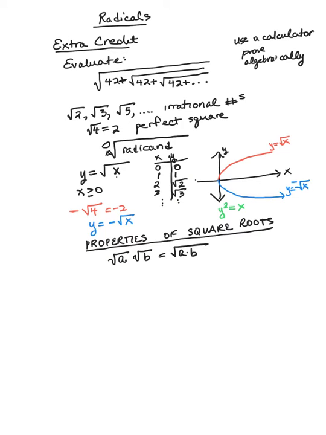And we use this rule to simplify square roots. The other rule that we may use is that the square root of a over the square root of b, where b is not equal to 0, can be written as the square root of a over b. So if we have a square root of a fraction, we could always split it up into the square root of the numerator divided by the square root of the denominator.